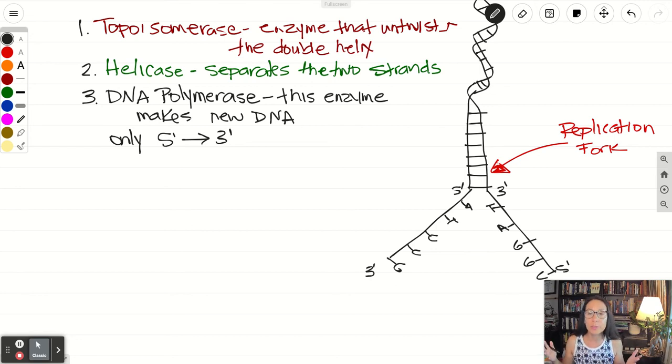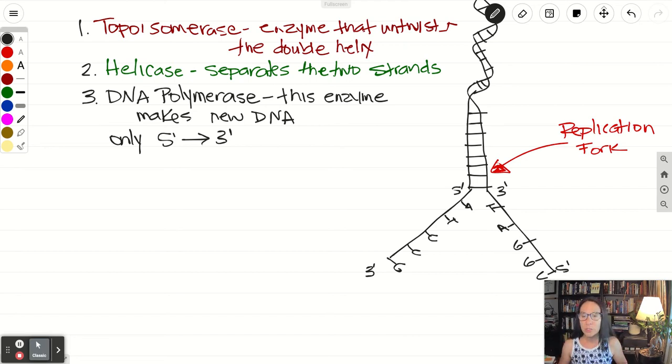It cannot put a new nucleotide on the 5' end, only on the 3' end. So the DNA polymerase can only build the new DNA from 5' to 3'.